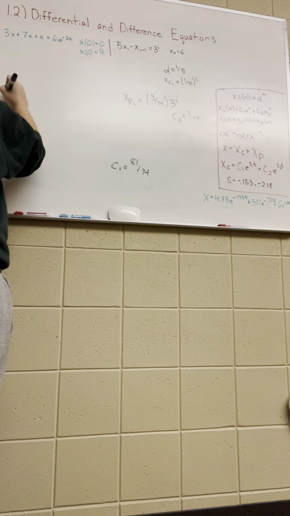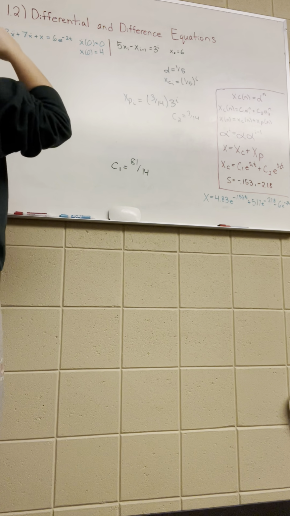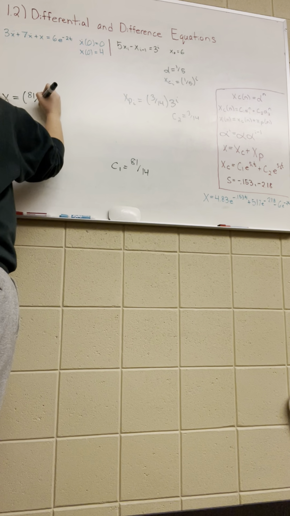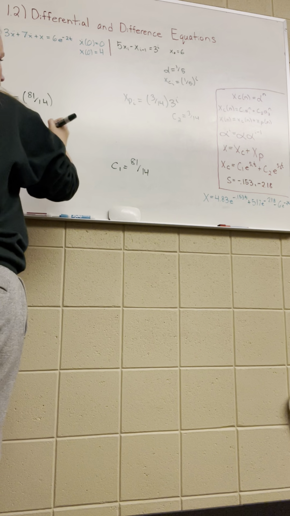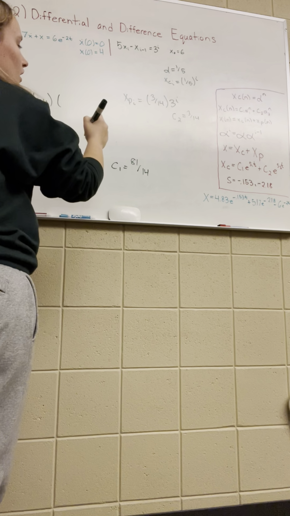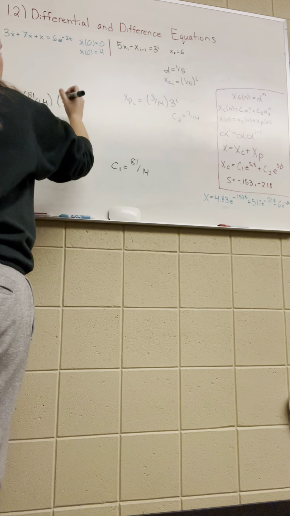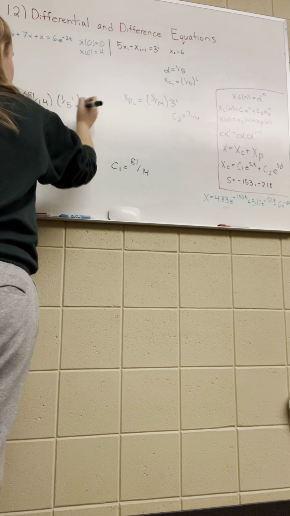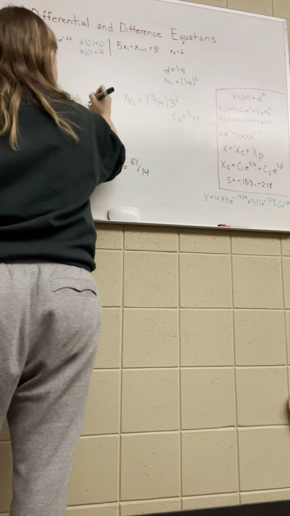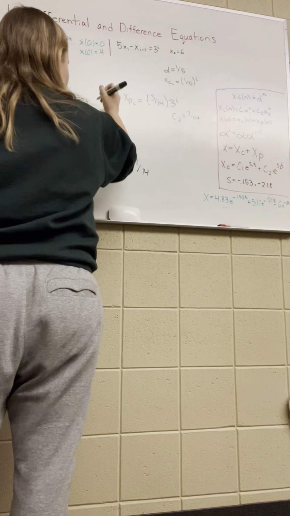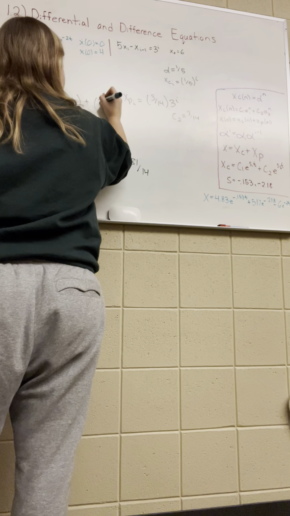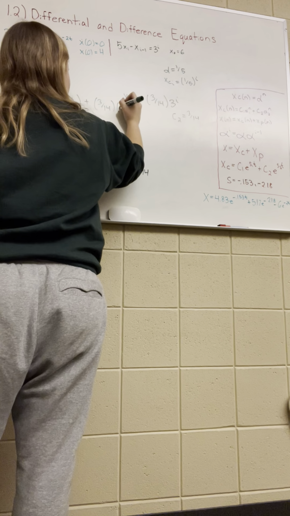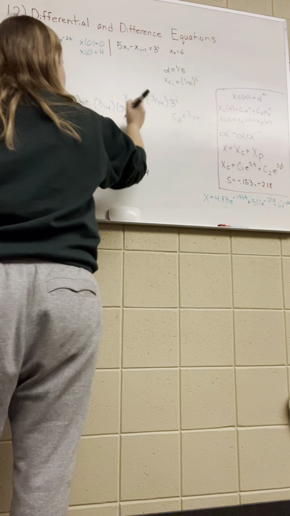So we have x is equal to 81 over 14 times 1 over 5 to the i plus 3 over 14 times 3 to the i.